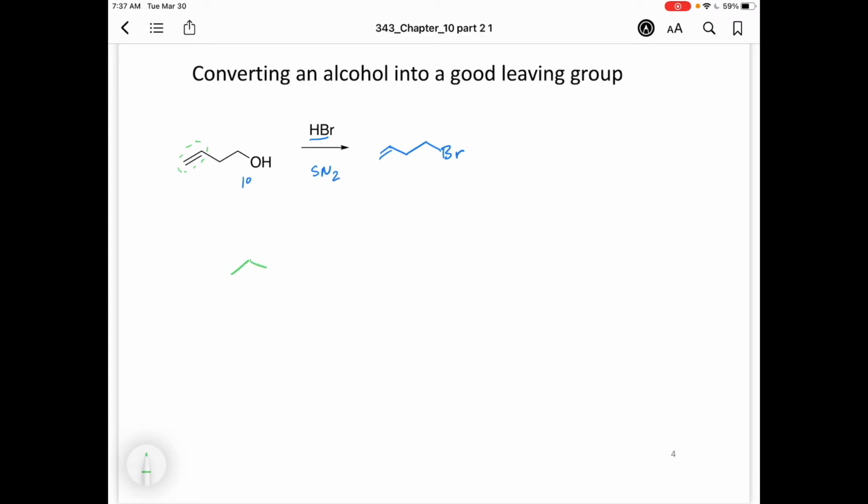So we know that if we have an alkene in the presence of HBr, we're going to get Markovnikov addition of that bromide there. So this side reaction is saying that this functional group isn't really compatible with HBr.